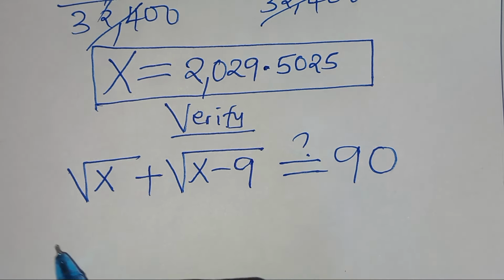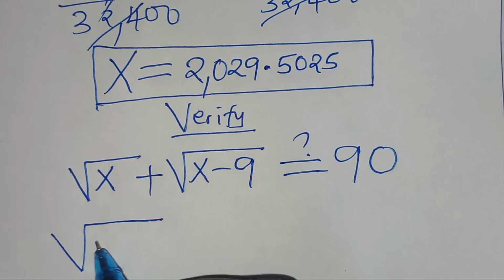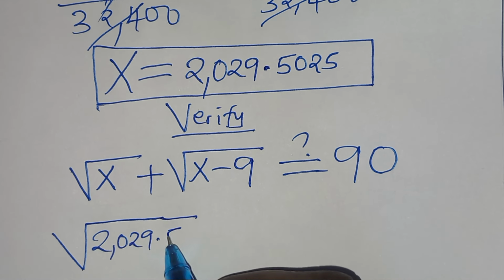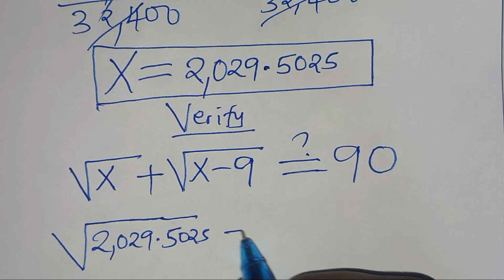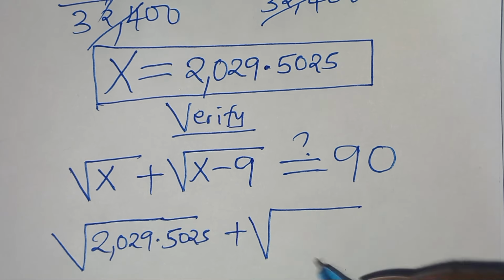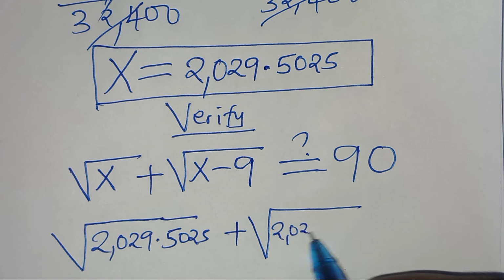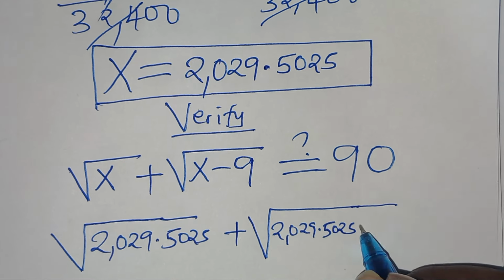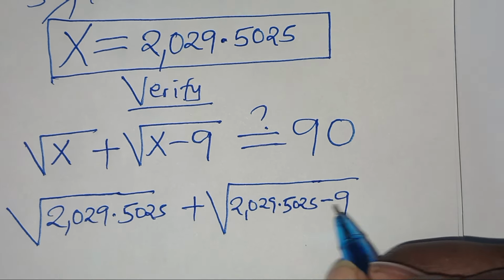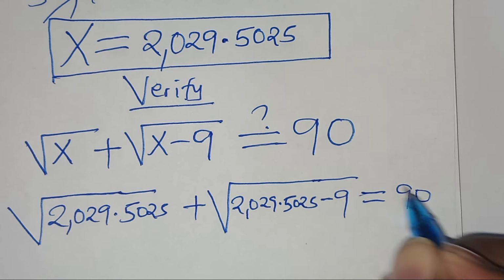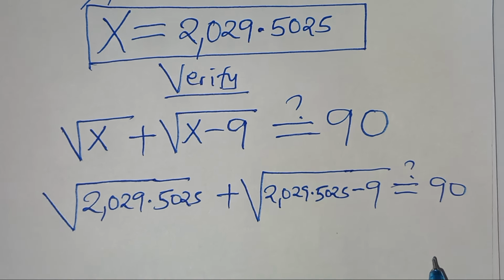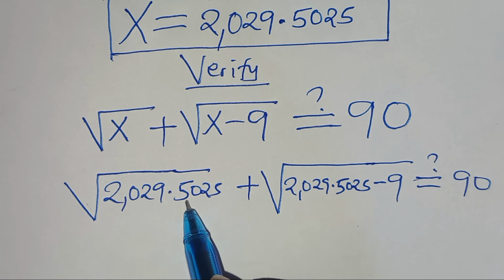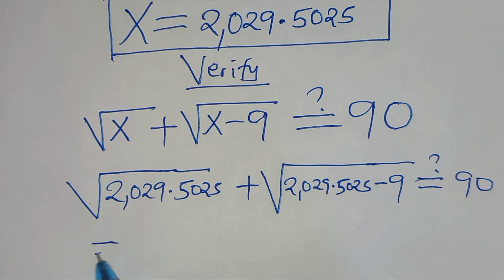Substituting x, we have the square root of 2029.5025, plus the square root of 2029.5025 subtract 9, and this should give us a value of 90.